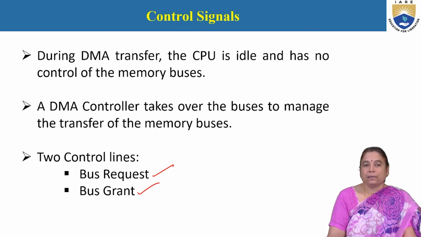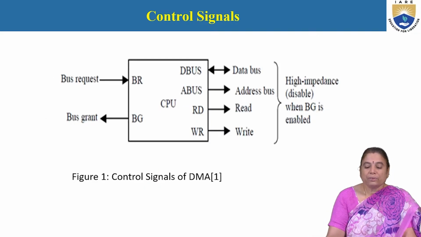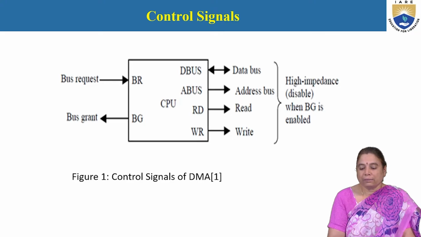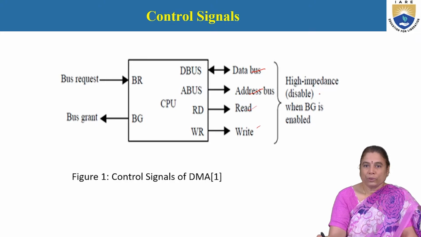Whenever the DMA transfer is initiated, the DMA module issues the bus request signal so that the CPU places the data bus, address bus, and read-write signals in a high impedance mode, so that an open circuit is formed and the CPU has no control over the buses.